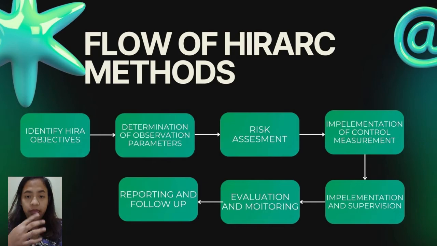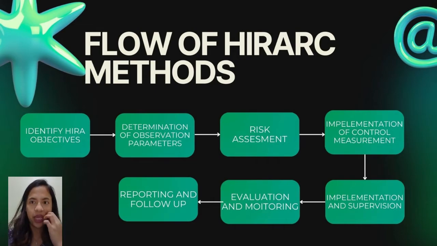The next step is determination of observation parameters. This is one of the important stages in hierarchy analysis, which aims to make the observation more focused on one topic and on one type of hazard and risk in a work environment.